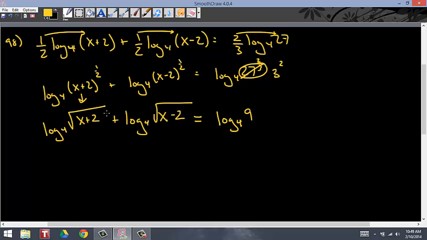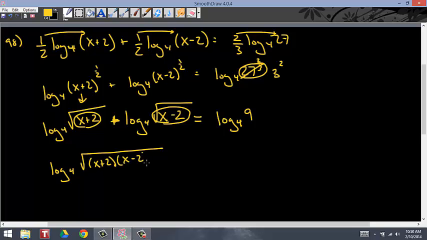Now, in this problem here on the left side, when we have two logarithms being added together, remember the answer components are being multiplied, right? So when I have the answer components being multiplied, can't I multiply the insides of the radicals? Of course I can. So what I have is a single logarithm of one giant radical of (x plus 2) times (x minus 2) equals log base 4 of 9.